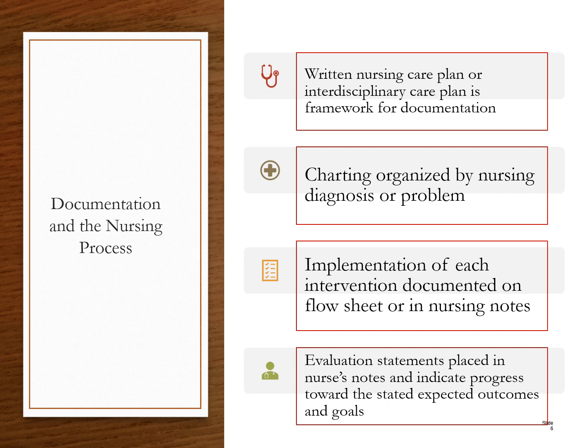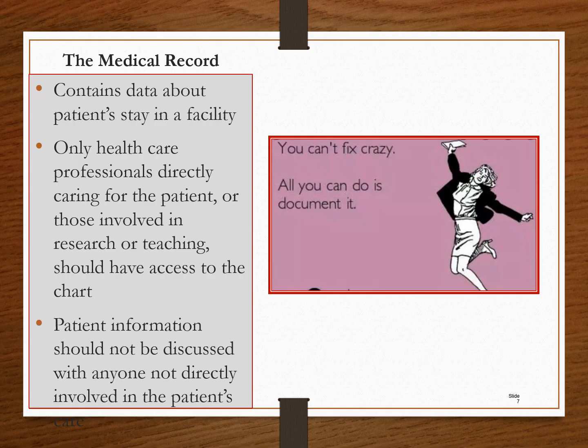There are standard areas of assessment on flow sheets, and typically we add notes if any abnormality exists. Any evaluation, we add that in. It contains all the data about their stay in a facility, whether that facility is, for example, long-term care.